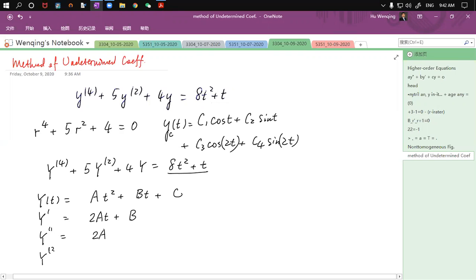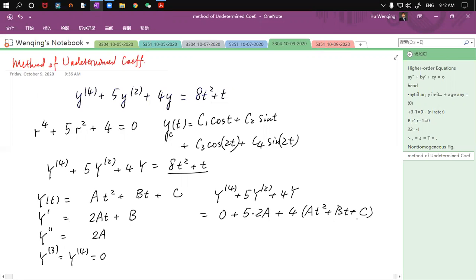Starting from the third derivative, the third and fourth derivatives are both equal to 0. Is that good, family? Then y fourth derivative plus 5 times y second derivative plus 4 times y is equal to 0 plus 5 times 2a plus 4 times (at squared plus bt plus c).